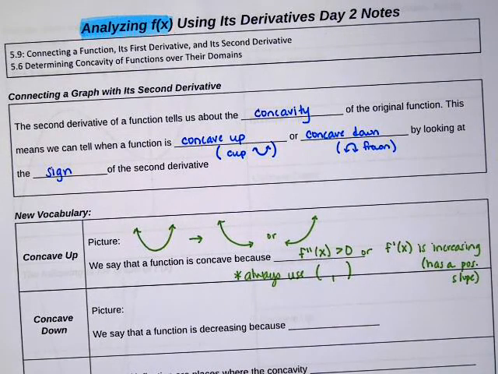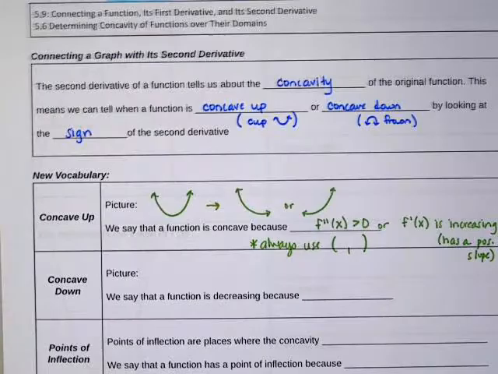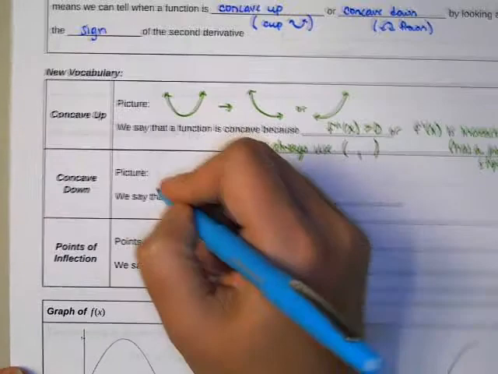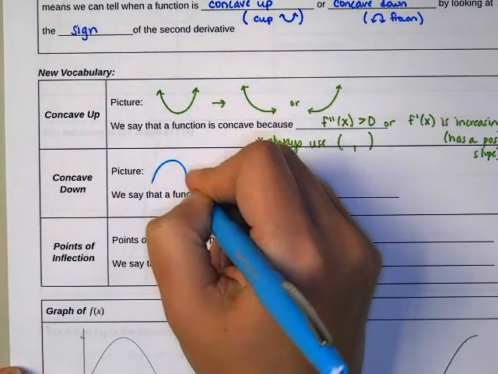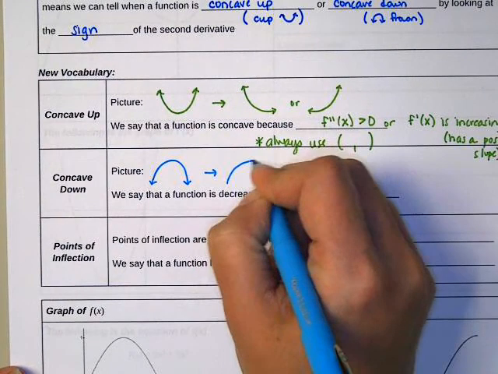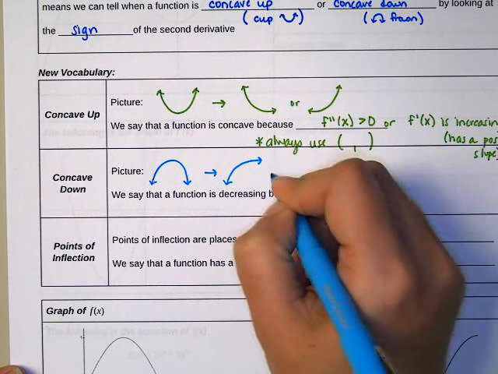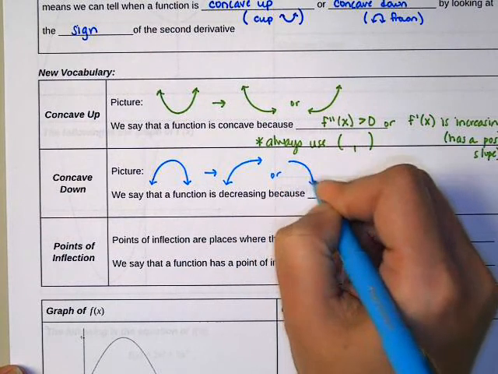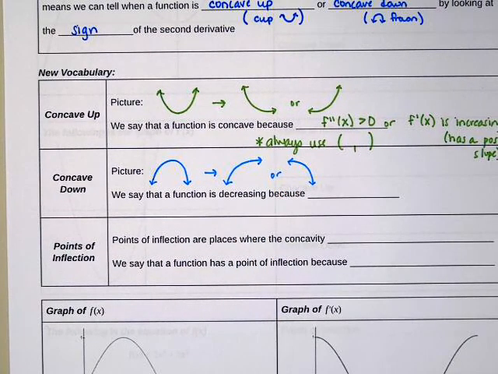The second thing we're going to be looking at today is the idea of concave down. Now we say that a function is concave down when it looks like a frown, which really means it could look one of two ways. You could be concave down but going uphill, or you could be concave down but going downhill. Either way, it's a piece of that frown.